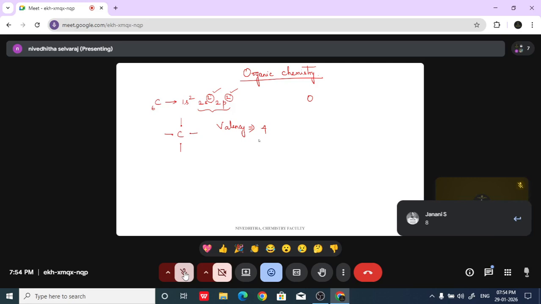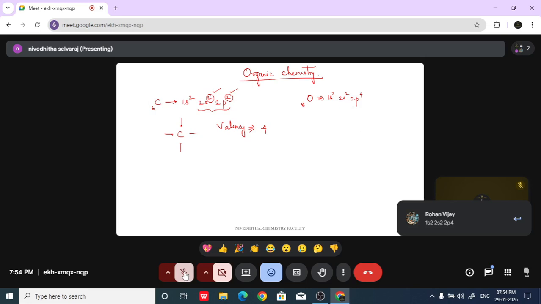Very good. So the electronic configuration is 1s2, 2s2, 2p4. Very good.